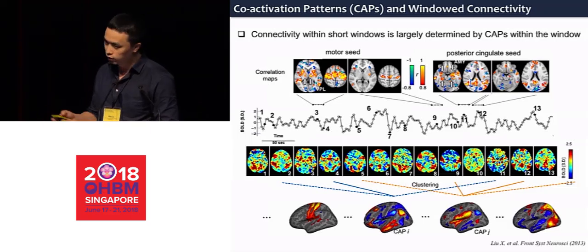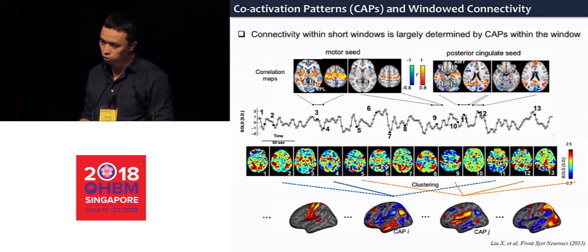For example, in the motor network, time point number 3 has sensory region co-activation. If you put a short window there, you will see strong correlation within that network. But if you move the window away, you don't see much correlation within the sensory network anymore.